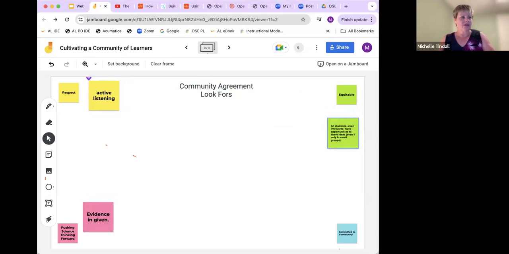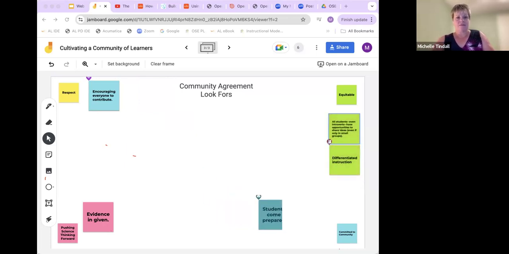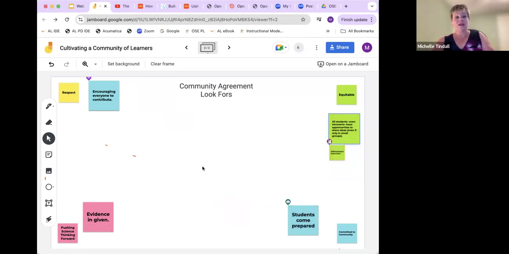Great, keep going. What would be some nice look fors that we could add to our community agreements? Okay, so if we're committed to the community, students come prepared. They encourage everyone to contribute.